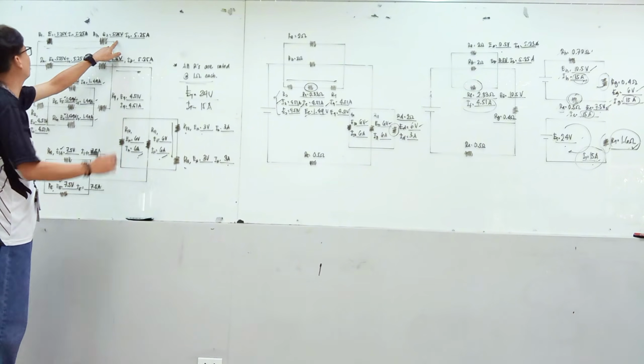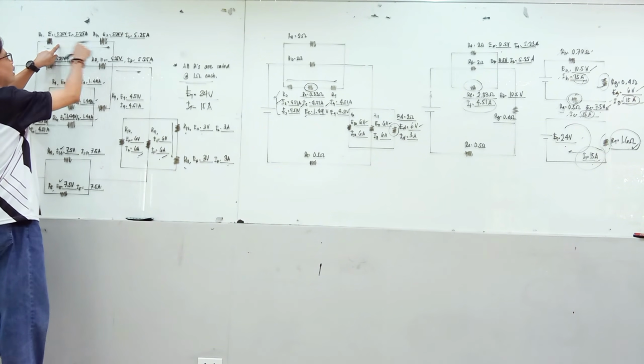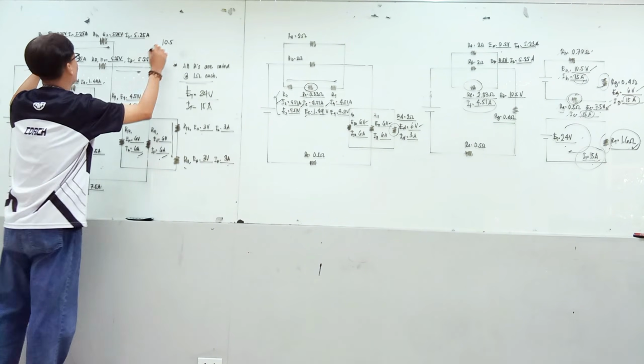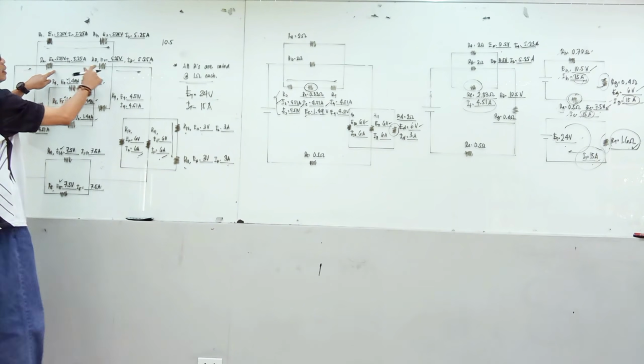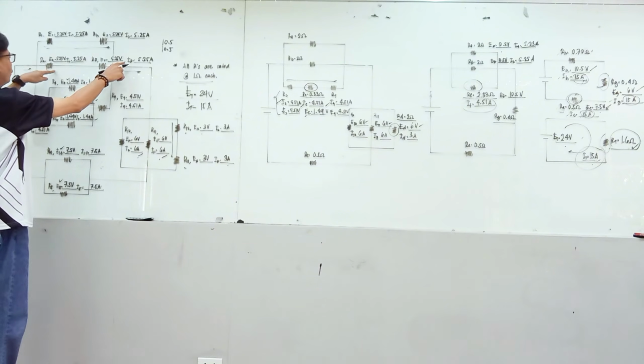So, therefore, pag nakaseries sila, mag-a-add yung voltages niya. So, it is 10.5 ang voltage niya. Ito rin, mag-add. It is 10.5 din, kasi pareho sila, 5.25. Okay?